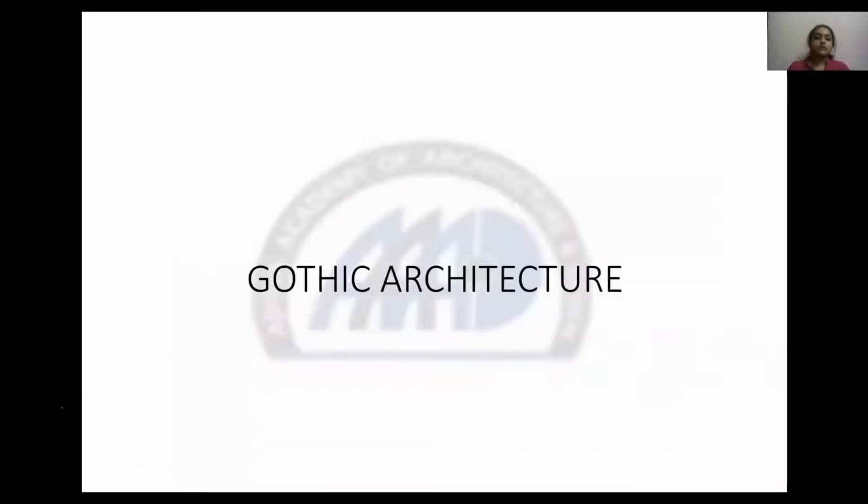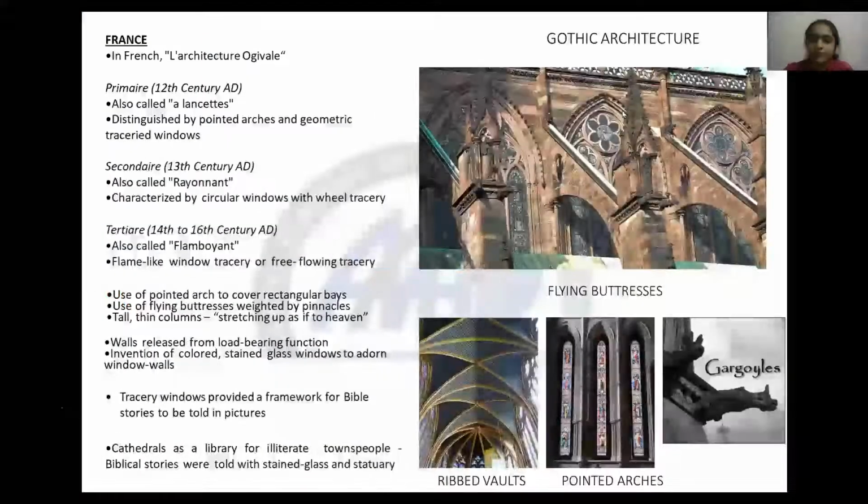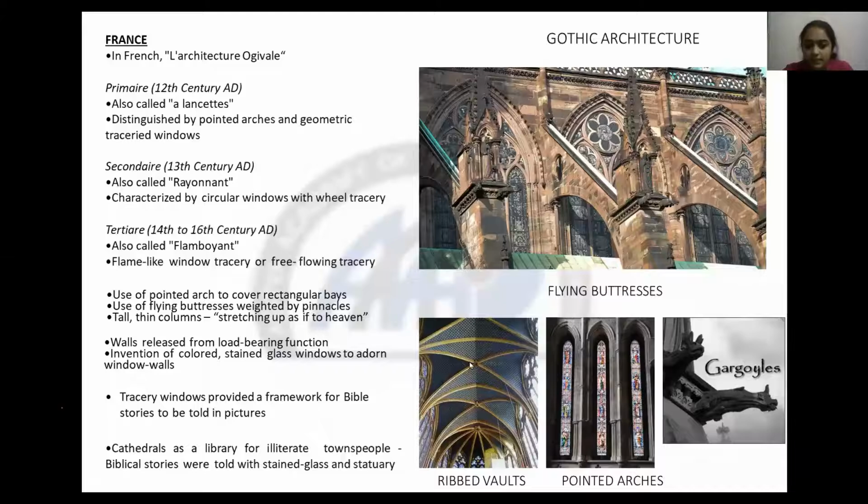Now we are coming to Gothic architecture. Gothic architecture evolved from Romanesque and was succeeded by Renaissance architecture. It started from the mid 12th century to the late 16th century. The attributes of Gothic architecture were pointed arches, like you can see here, and ribbed vaults.